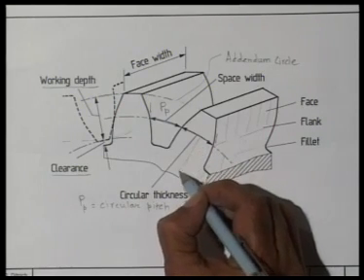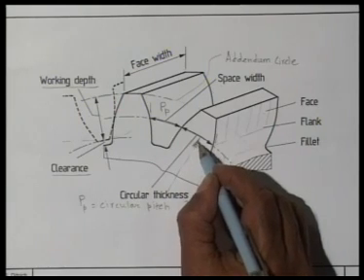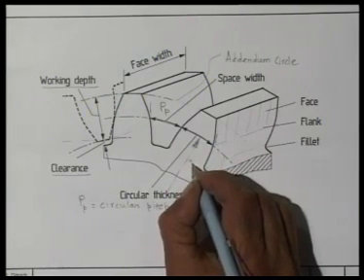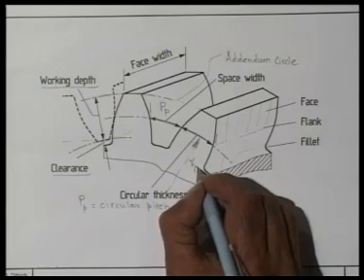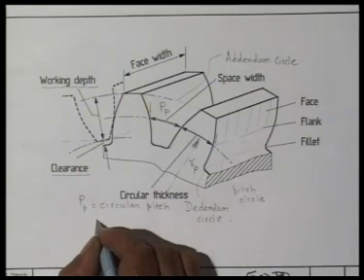The radius of this pitch circle we have already denoted by Rp. We also define something called diametral pitch.